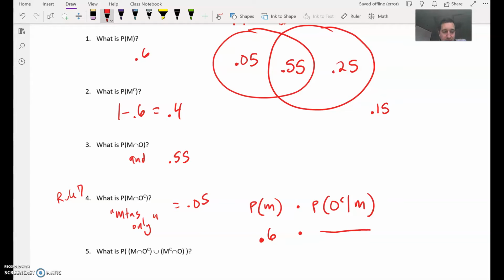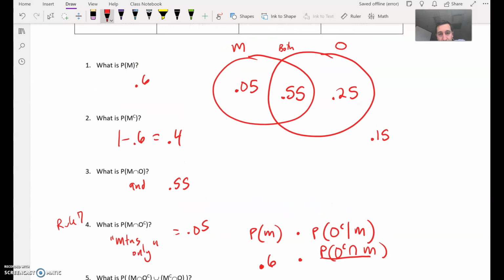moment of truth, the probability that somebody doesn't like oceans given they like mountains is going to be an AND problem. What's the probability that somebody doesn't like oceans but they like mountains?